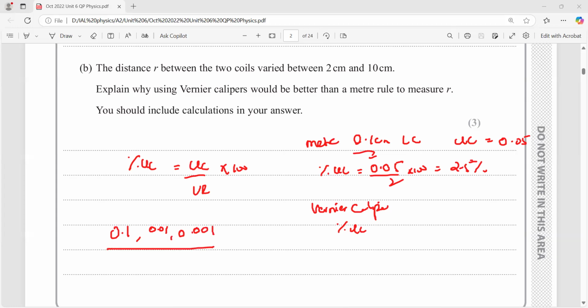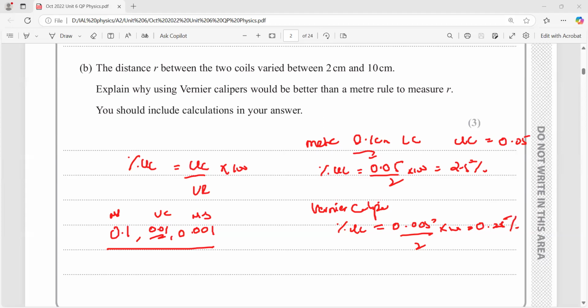This is a meter rule, this is a vernier caliper, and this is a micrometer screw gauge. For the vernier caliper, that is the least count. The uncertainty is half of the least count, so 0.01 divided by 2 gives 0.005, and 2 is the measurement. Multiplying by 100, we get 0.25%.